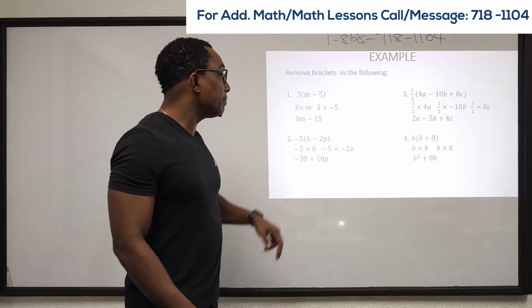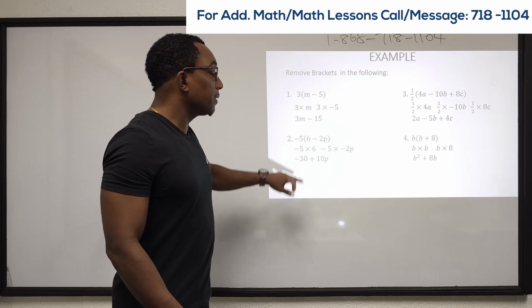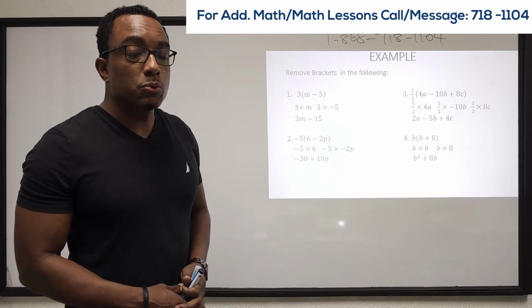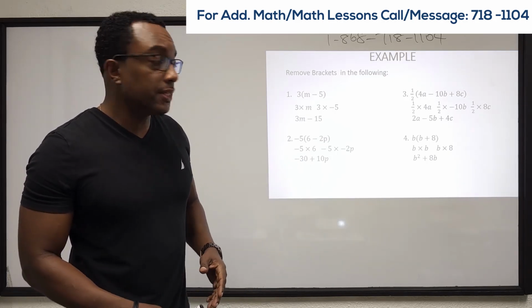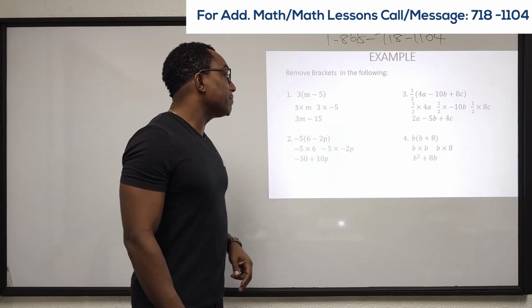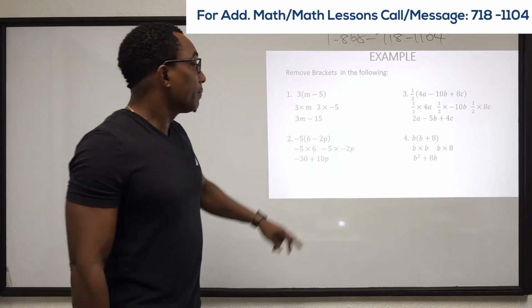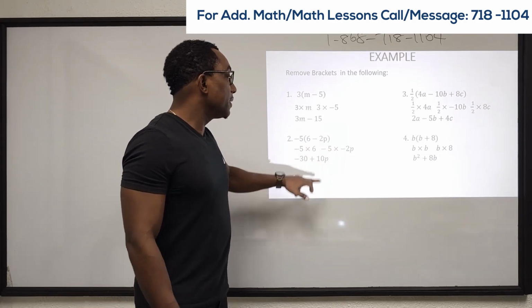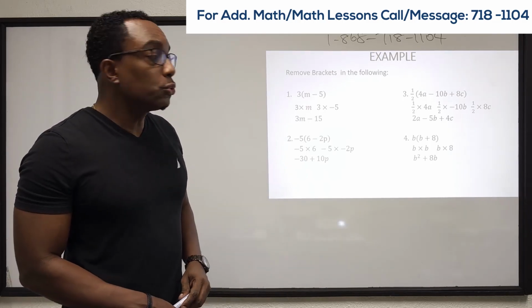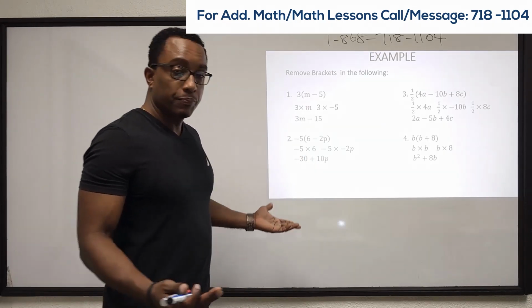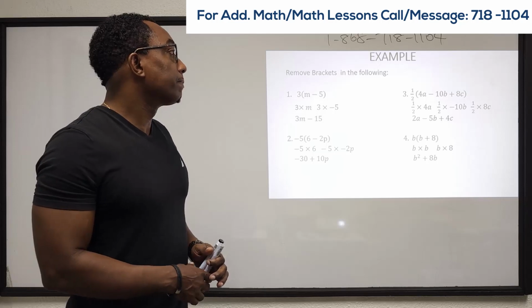So negative 5 by 6, a minus by a plus is a minus. 5 by 6 will be 30, so we have negative 30. And negative 5 by negative 2p, a minus by a minus is a plus, and 5 by 2p will give us 10p. So we have removed our brackets.